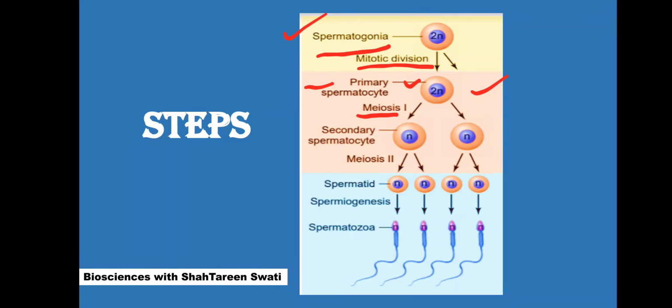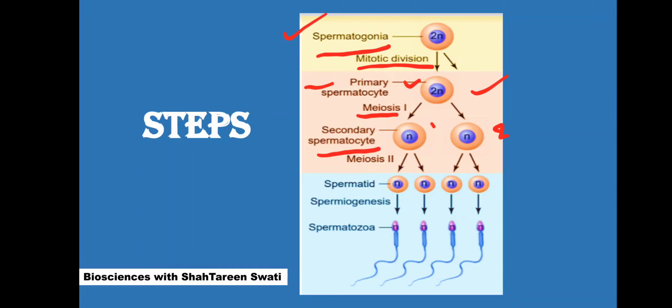So the diploid number of chromosomes in the primary spermatocyte is reduced to haploid, and one cell is divided into two cells. You can see here, this is 1 and this is 2. Is it clear? These two cells have the haploid number, and these cells are known as secondary spermatocytes. Keep it in your mind. This is very easy and very interesting, but you must know the mechanism.